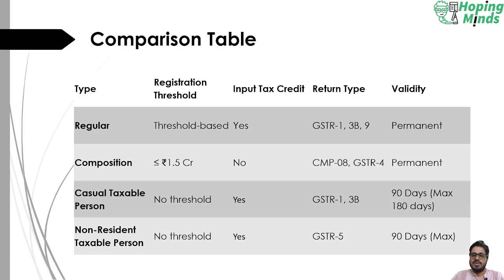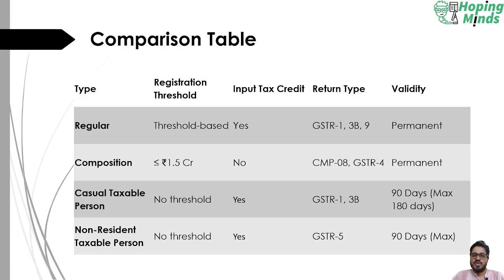Return types: GSTR 1 and GSTR 3B are to be filed on a monthly or quarterly basis as opted by the taxpayer. Also, GSTR 9 and GSTR 9C are to be filed at the year end. The registration is permanently valid.